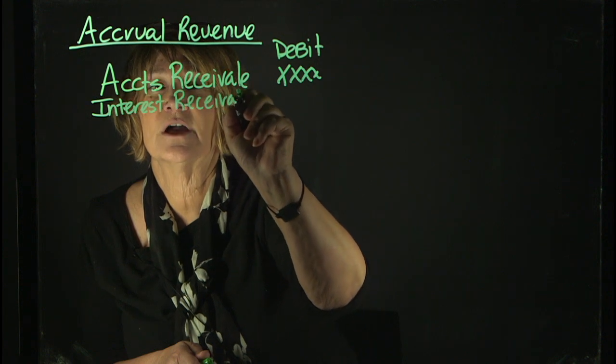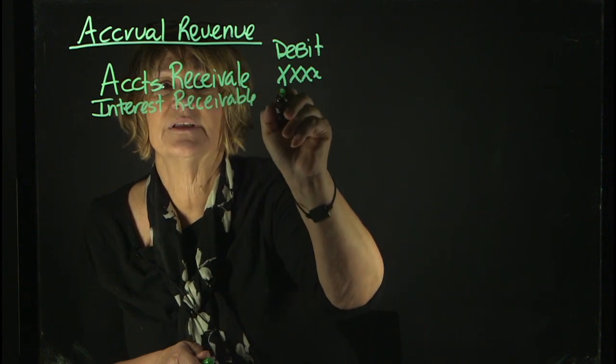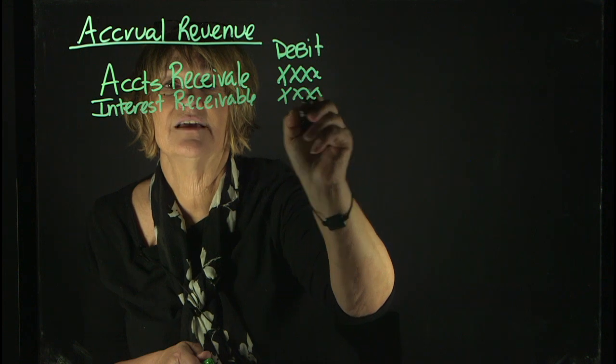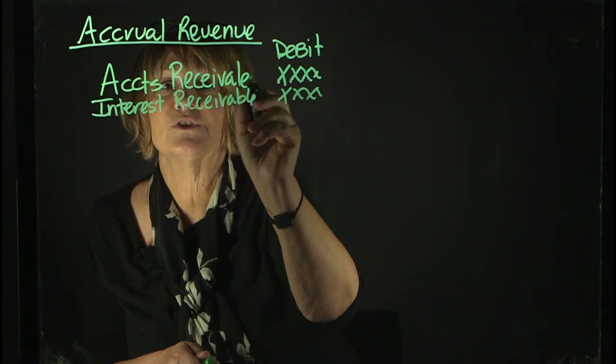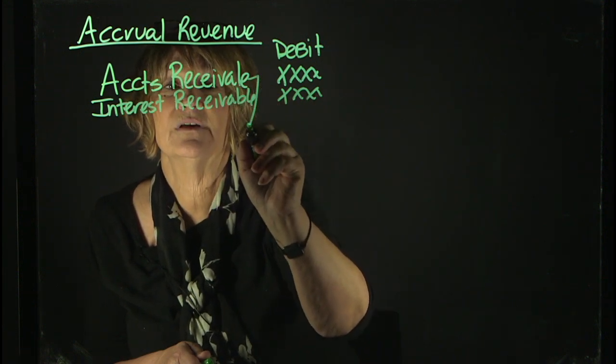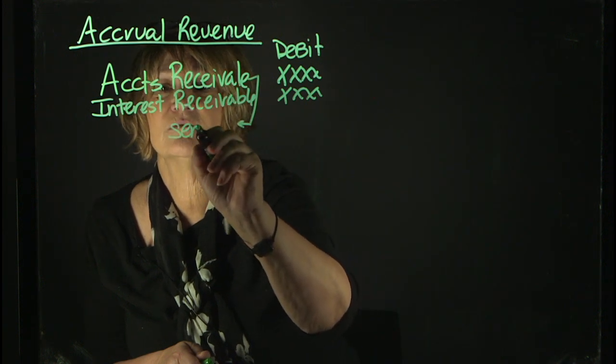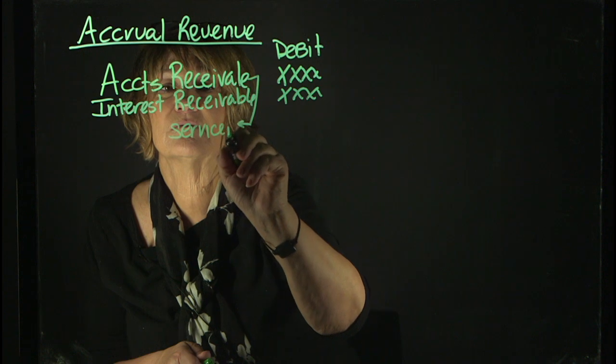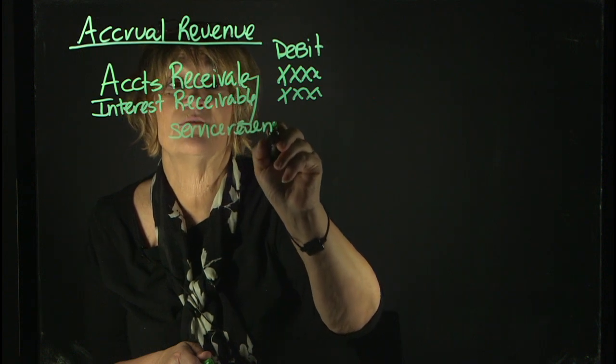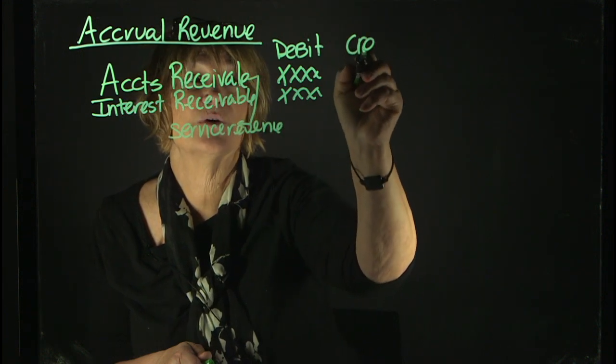I'm just giving you a couple of possibilities, and you would debit that. The credit will go, for accounts receivable, to service revenue or some sort of revenue account, and that's your credit.